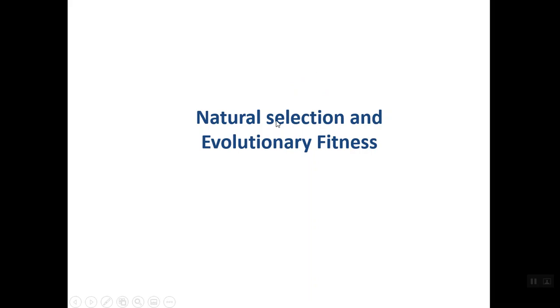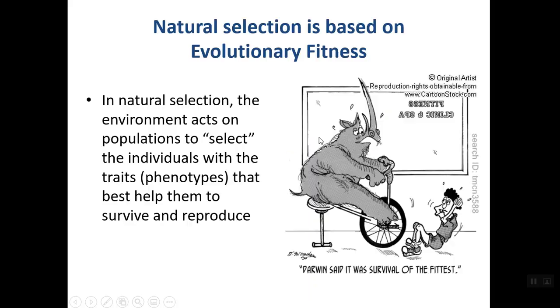The concept of natural selection and evolutionary fitness. If you remember, we stressed a lot the importance of this word fitness in evolution. Remember that in natural selection, the environment acts on population to select individuals with traits that are best suited for that particular environment, not necessarily the best, okay?